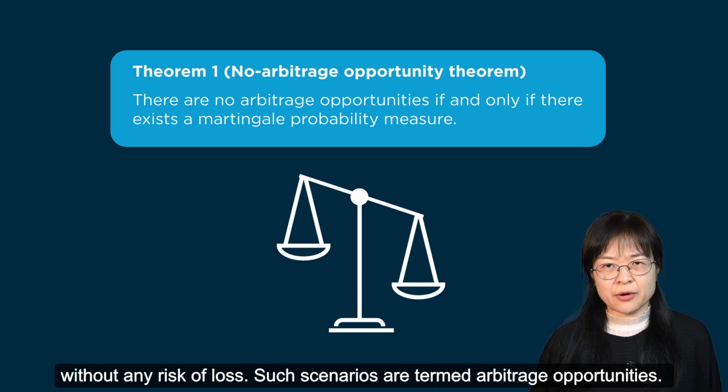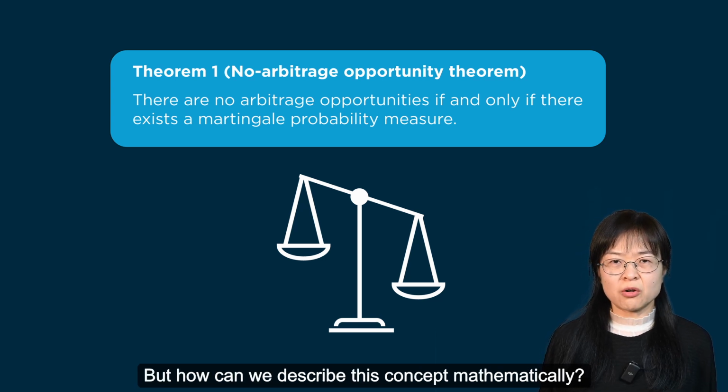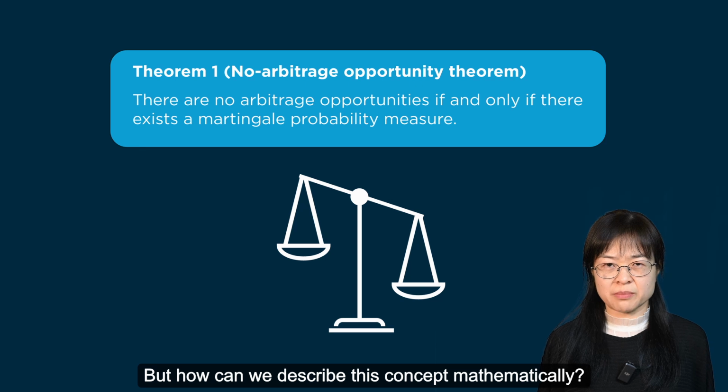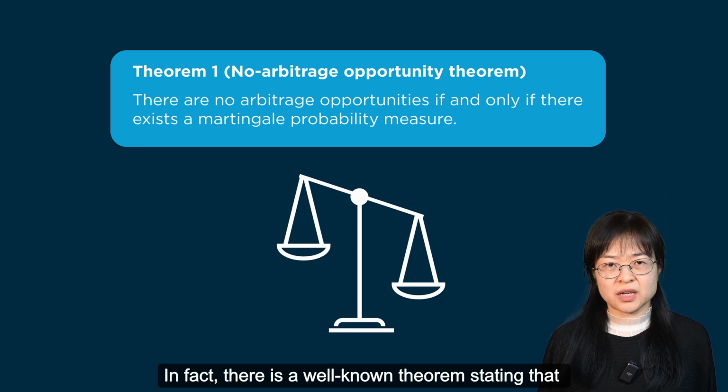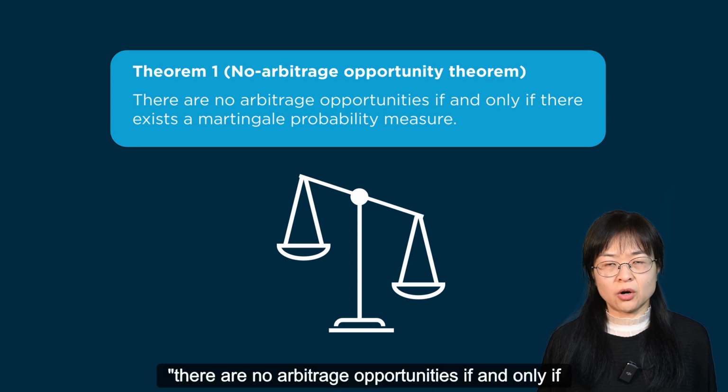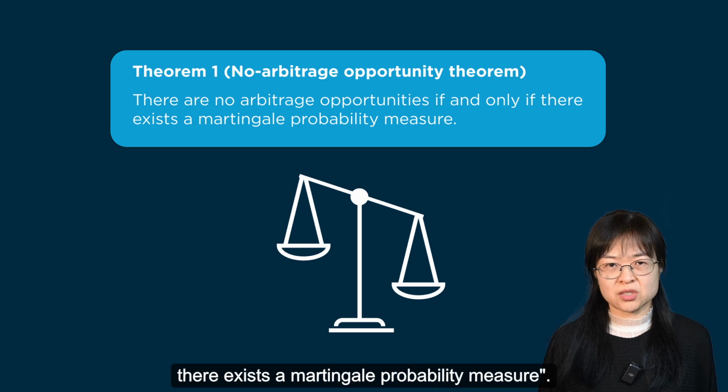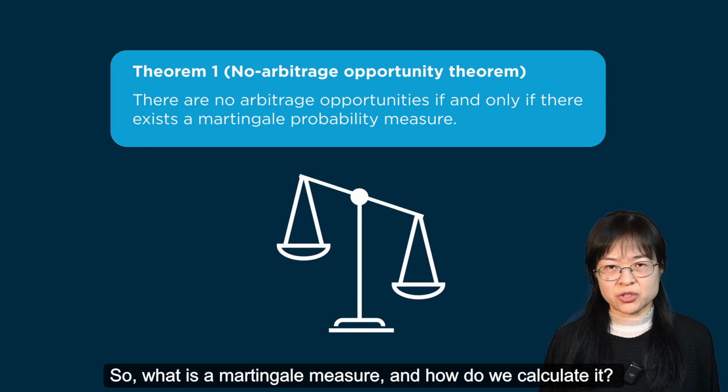Such scenarios are termed arbitrage opportunities. But how can we describe this concept mathematically? In fact, there's a well-known theorem stating that there are no arbitrage opportunities if and only if there exists a martingale probability measure. So what is a martingale measure, and how do we calculate it?